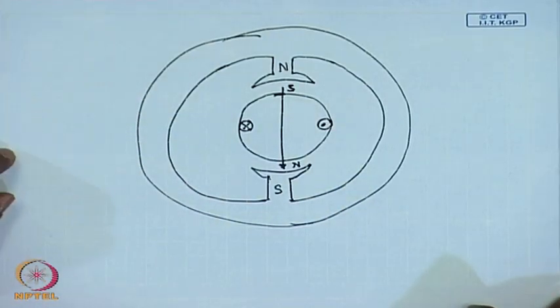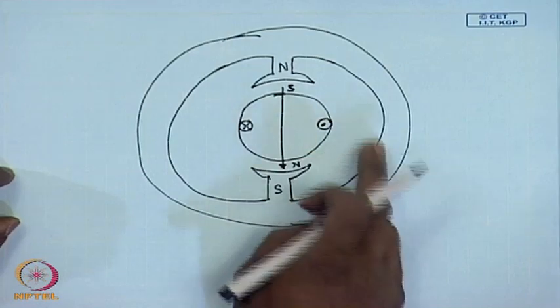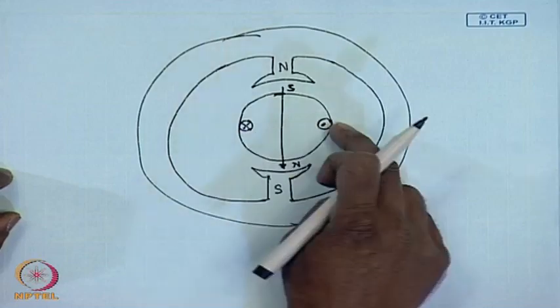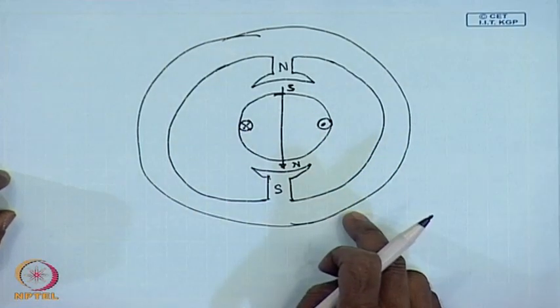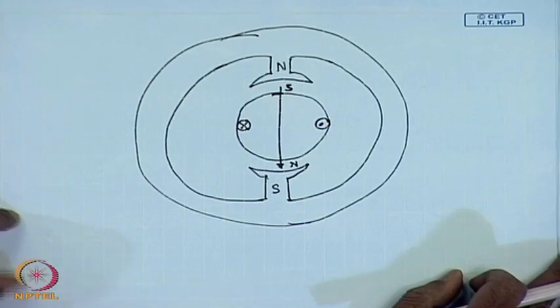If we want to make this rotation continuous, we will need to change either the polarity of this or the polarity of this. In a DC machine, it is the polarity of the rotating conductor that is changed.